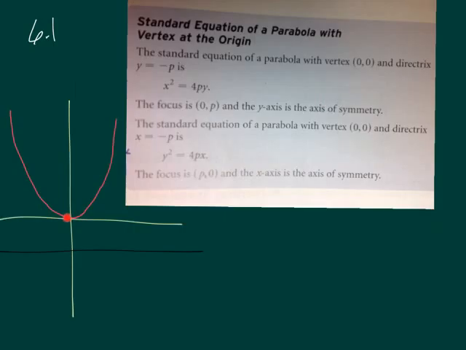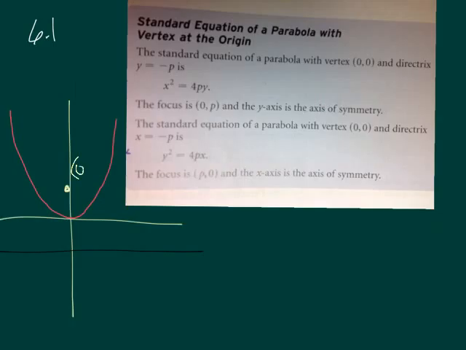It also means that my focus, and I'll do this in yellow, is going to have to be up there, which means the y value of the focus has to be a positive number, right? If the vertex of my parabola is at the origin, then my focus, which is going to be on the axis of symmetry, the y-axis, has to be neither left nor right.